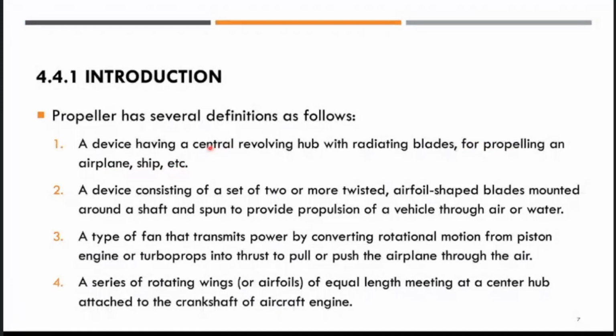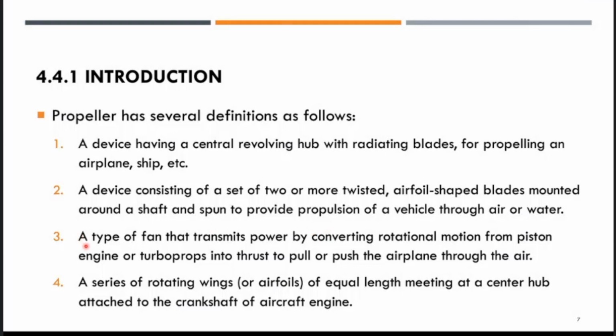As long as it is a device having a central revolving hub, it is called a propeller system. It can also be defined as a device which consists of a set of two or more twisted airfoil-shaped blades mounted around a shaft and spun to provide propulsion of a vehicle through air or water. Of course, it's not through space because there's no medium there.